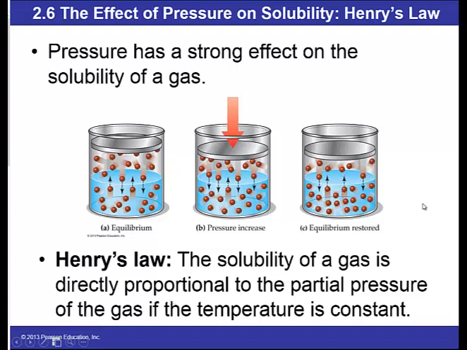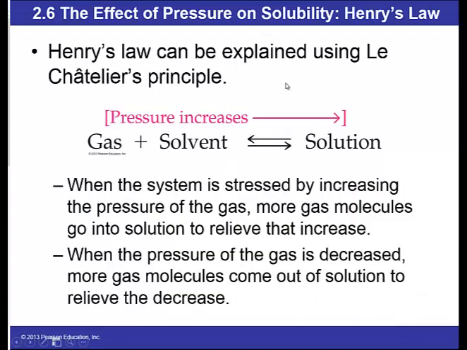So if you increase the pressure, you increase the solubility of the gas. Directly proportional. Increase, increase. Essentially, we can go back and explain why Henry's law works by using Le Chatelier's principle. So if you have your gas and you have your solvent, and this is going to go to your solution, your mixture of the two, if you have pressure increasing, pressure is going to be a positive input. It is essentially one of the reactants.